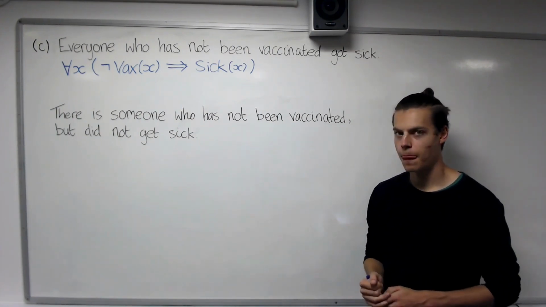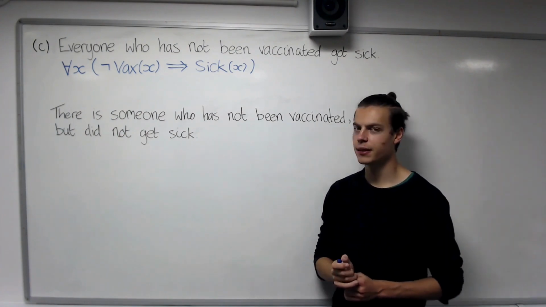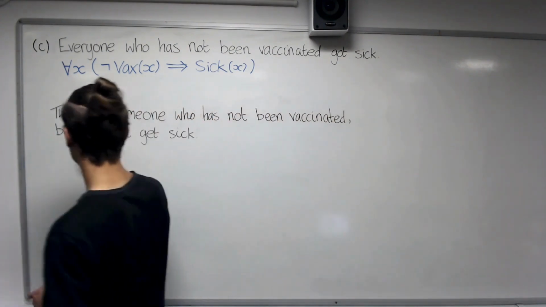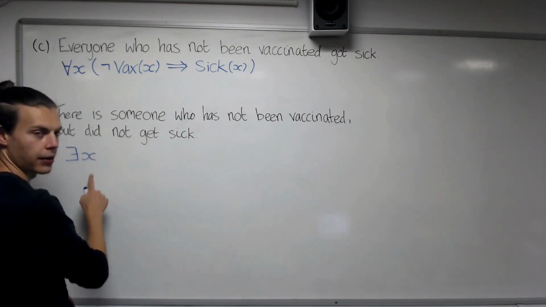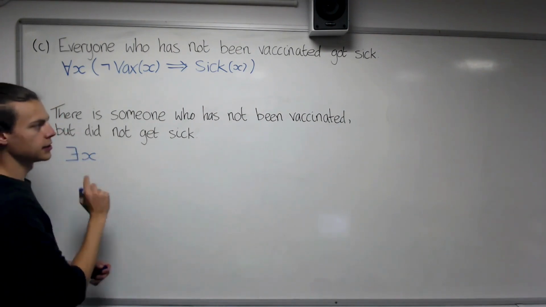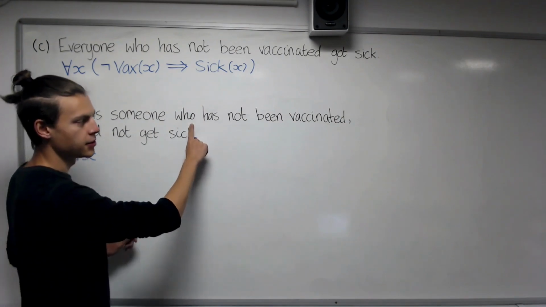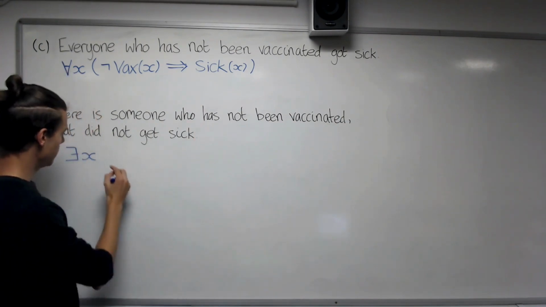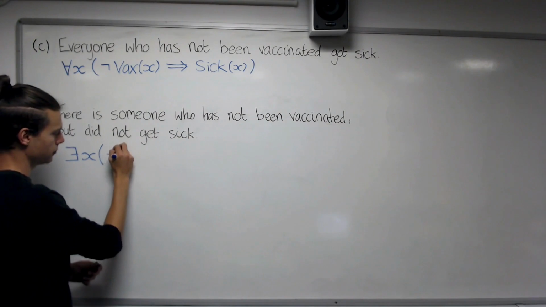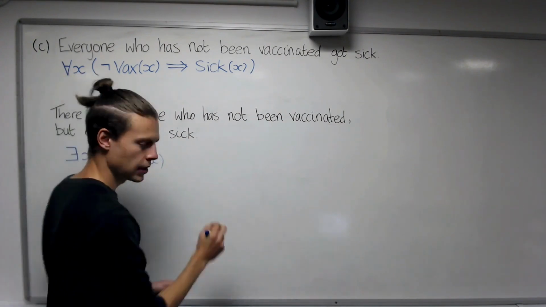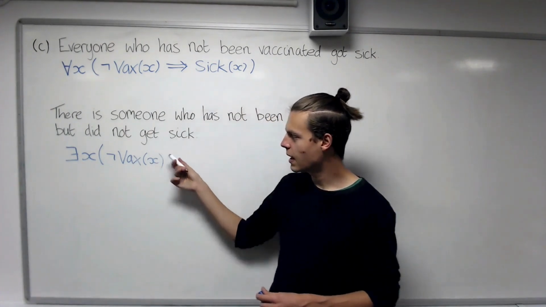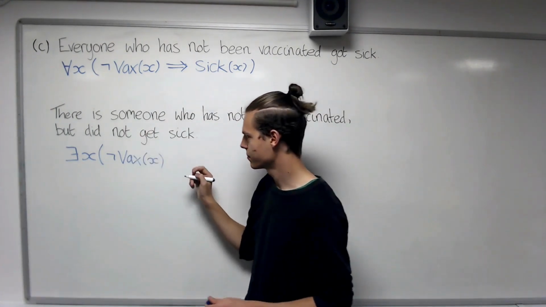So there exists some X such that X has not been vaccinated and X did not get sick.